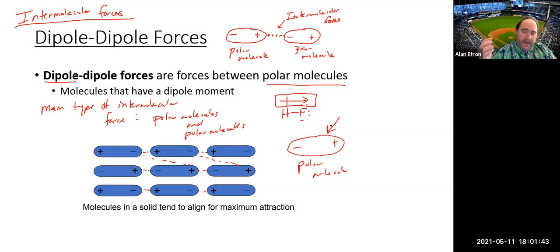It always has a positive side and negative side. It doesn't have to wait for some situation to occur for it to gain that positive charge. It's not going to lose that positive or negative charge. The electrons aren't going to decide in that polar molecule, I don't want to be polar anymore, let's go share everything equally. So they have this fixed positive, negative side when we're dealing with a polar molecule.